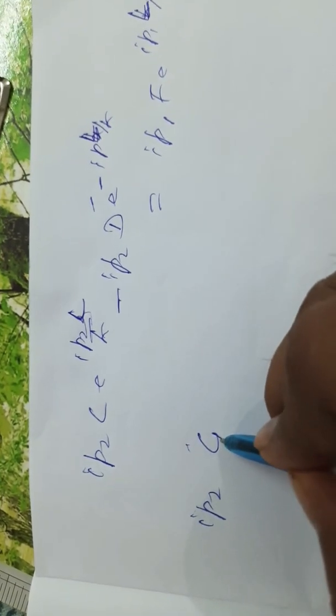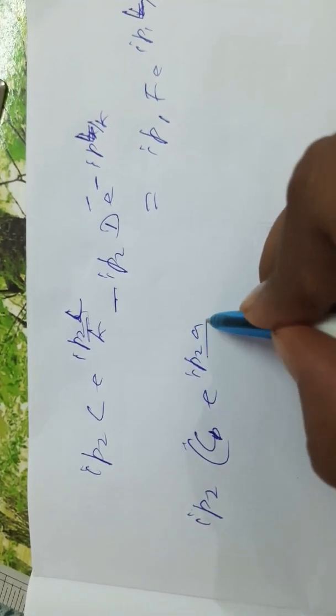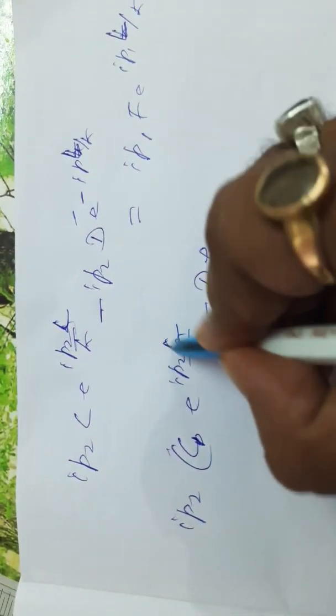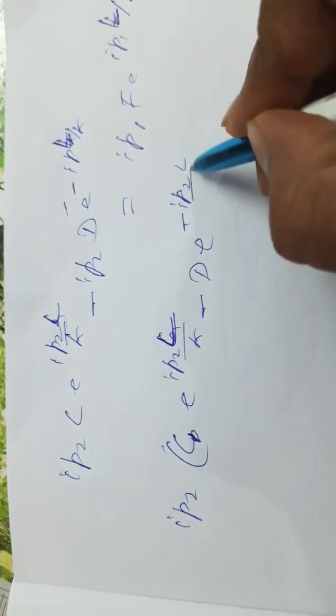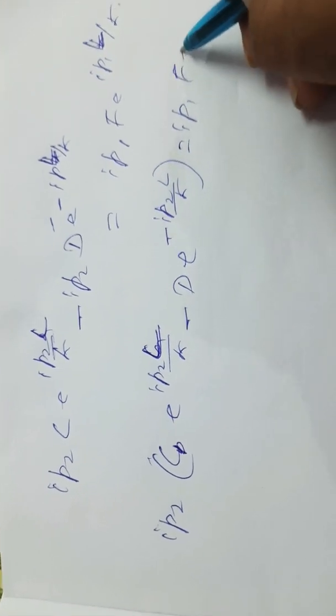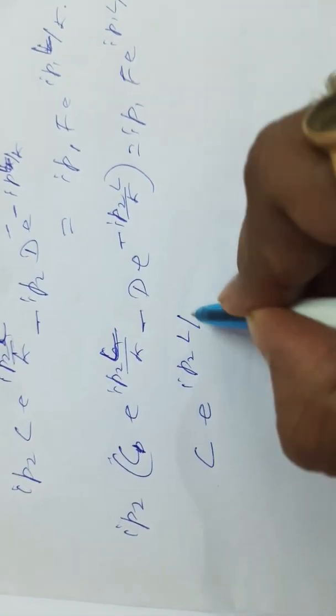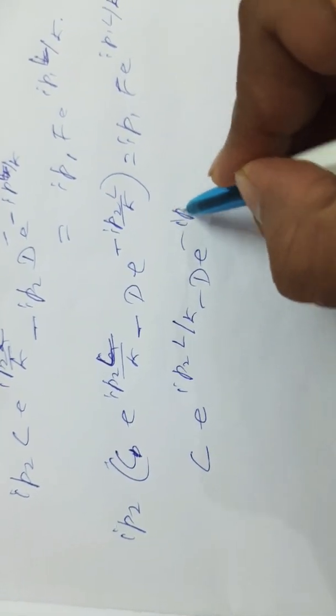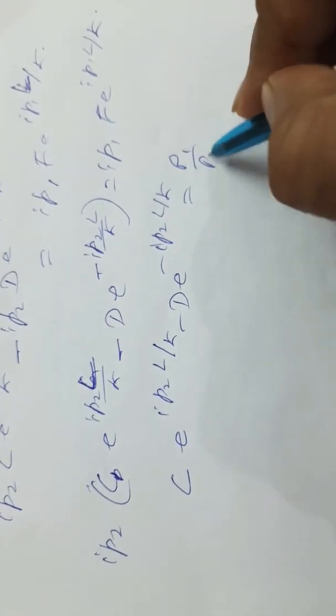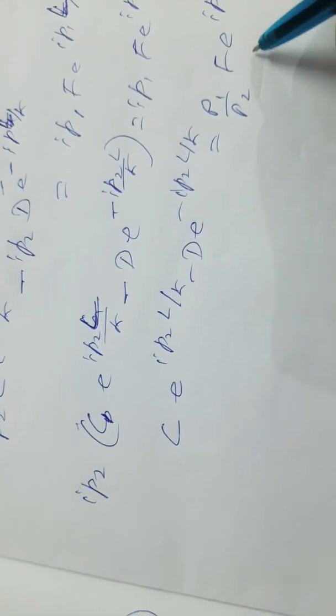So again rearranging this particular equation, we'll get c e to the power i p2 L by h cross minus d e to the power minus i p2 L by h cross is equal to p1 by p2 into f e to the power i p1 L by h cross. So this will be our equation number 11.